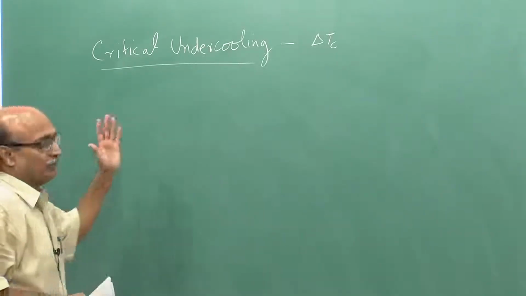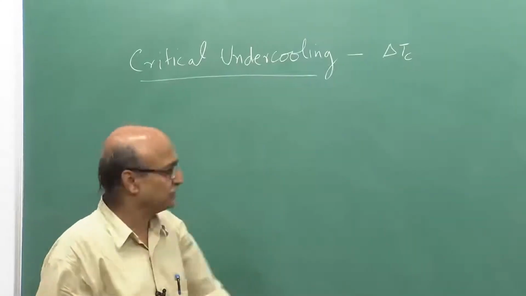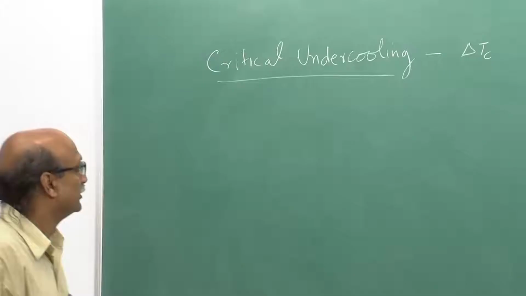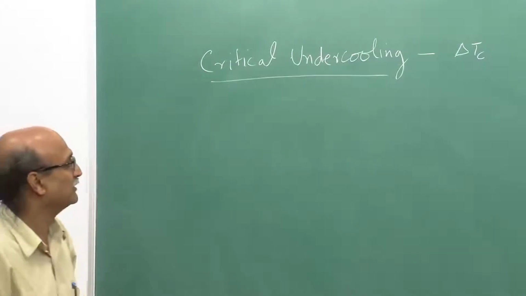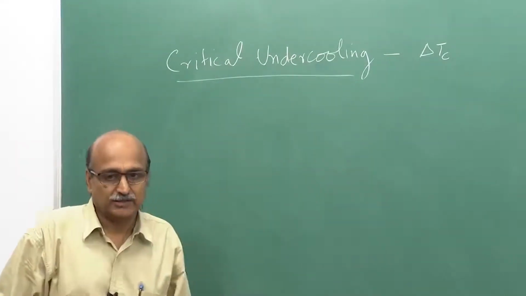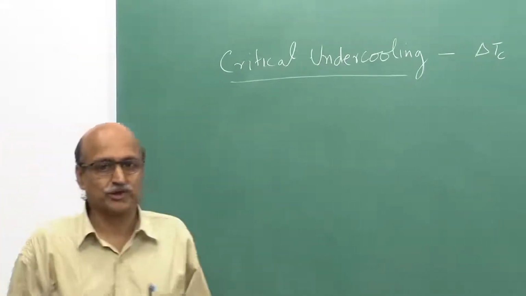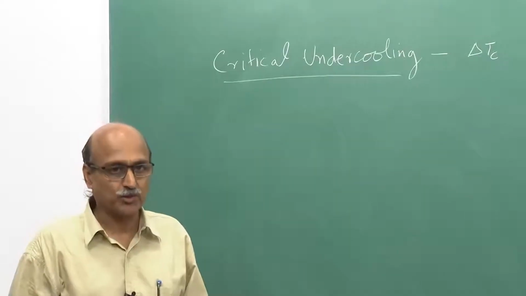Again in the context of homogeneous nucleation, a certain critical undercooling is required before any nucleation can take place. So, if the undercooling is less than the critical undercooling, then there will be no nucleation of the solid in the liquid and the liquid would remain in the supercooled state.